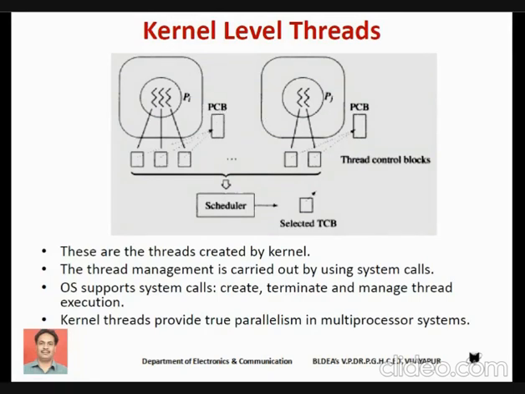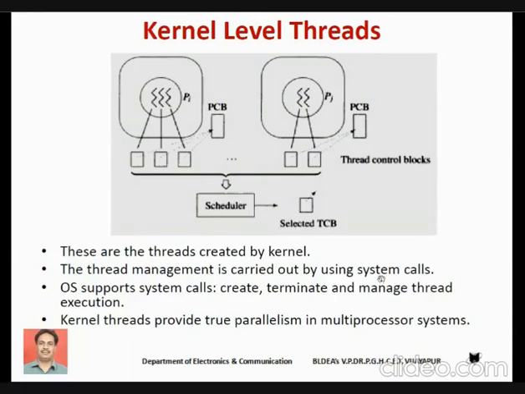Now we'll look at some of the points regarding kernel level threads. It is very simple. As the name itself indicates, these are the threads which are created by the kernel, by the kernel itself for managing its own operations. The thread management is carried out by using system calls.